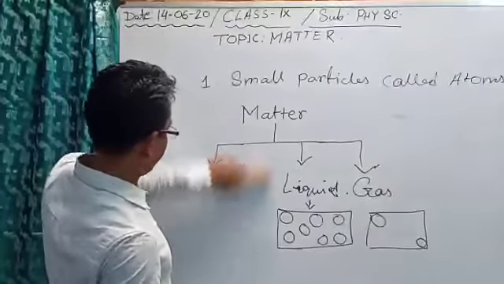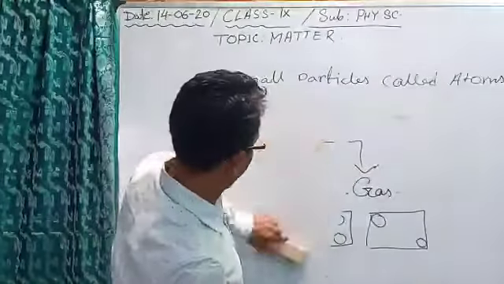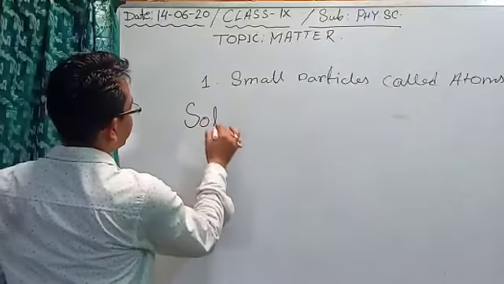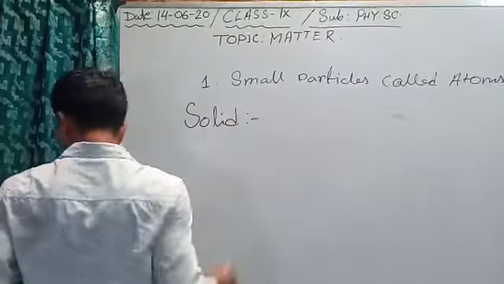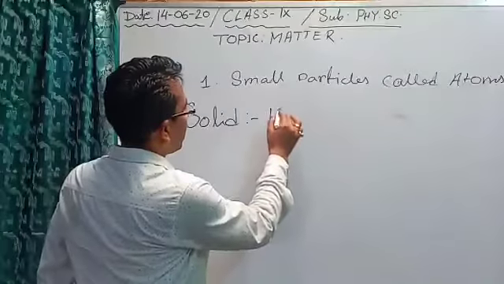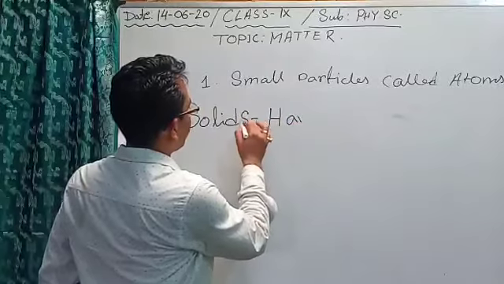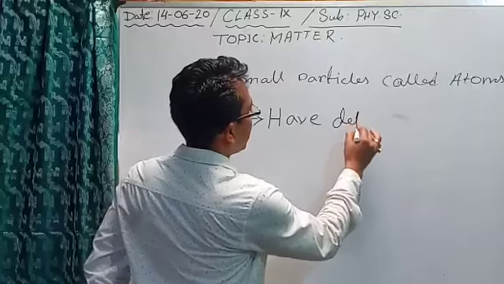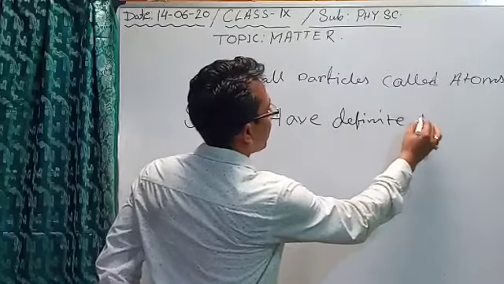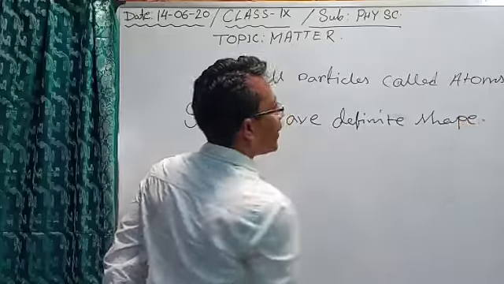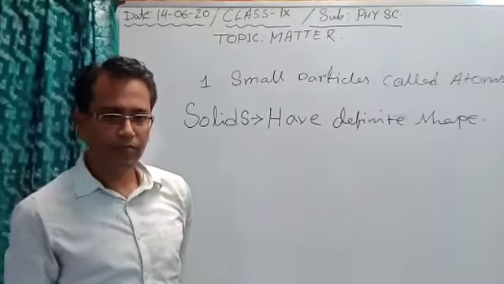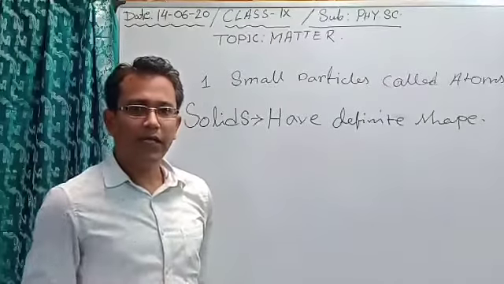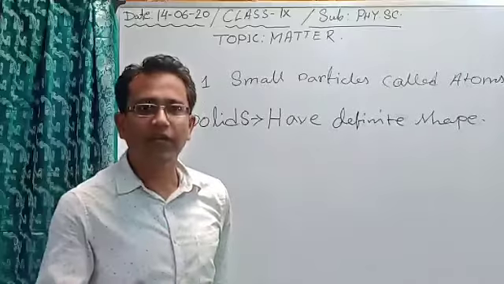First one, solid, has a definite shape. We can touch it, we can grab it, and it has a fixed shape, whatever it is.